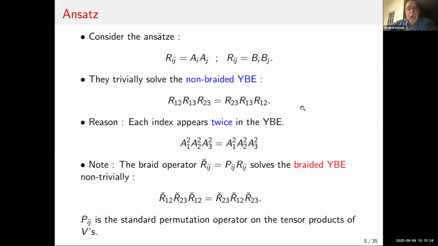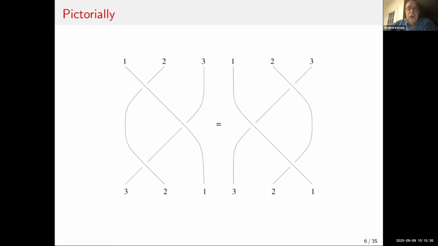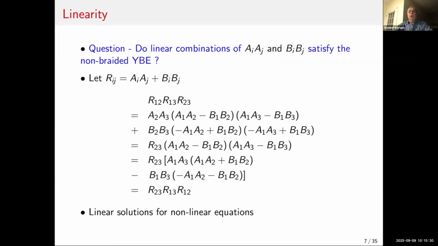Okay. Let's proceed. Let's take the linear combination. So this is a famous picture, which everybody knows here. Let's try to take a linear combination of those two, AA plus BB. Will it work? Well, this is the left-hand side of the Yang-Baxter equation. This is the right-hand side of the Yang-Baxter equation. To transform the left-hand side into the right-hand side, I have to make several transpositions.